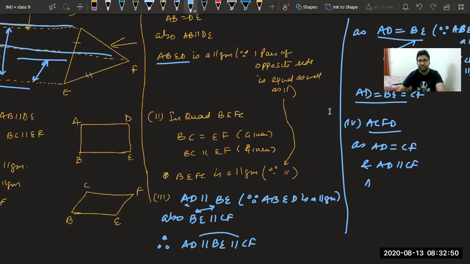We can say ACFD is a parallelogram. These questions are lengthy, I understand. Okay, Geeta ma'am, these questions are lengthy, I understand, but they are very easy if you go step by step. You just need to think a bit and they are all easy. So for the same reason, as one pair of opposite sides are equal as well as parallel, we can say that ACFD is a parallelogram.